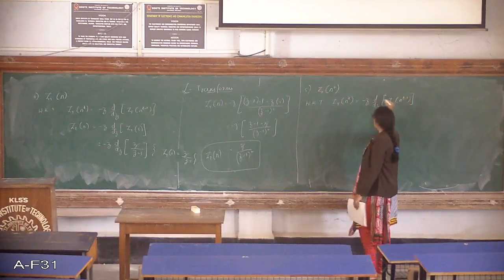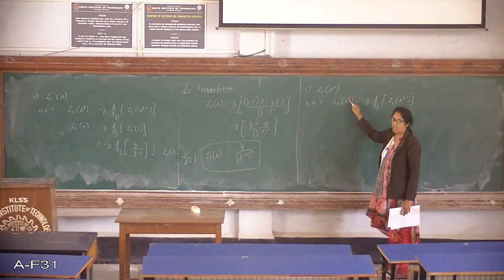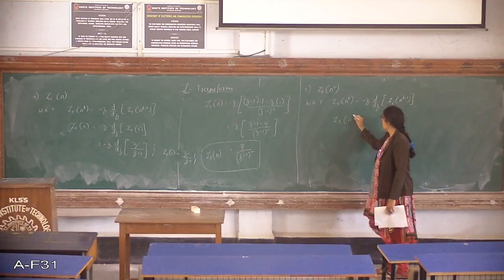Here I require n square, so I can just take the value of k to be equal to 2. So I can write this as z transform of n square.